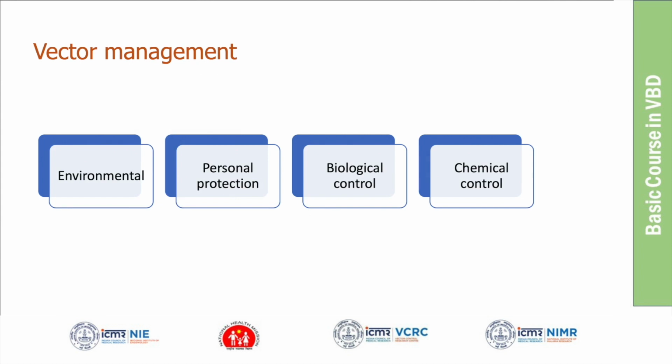Management, as we already discussed in dengue, is very similar: vector control. We can control chikungunya only by vector control, that is, controlling the Aedes mosquito at the adult stage or larval stage.